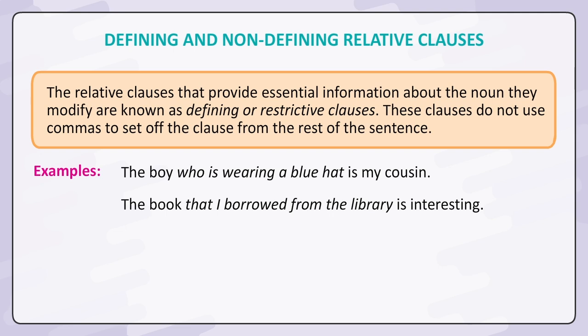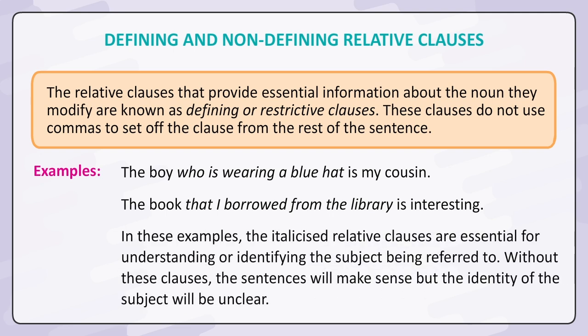The book that I borrowed from the library is interesting. In these examples, the relative clauses are essential for understanding or identifying the subject being referred to. Without these clauses, the sentences will make sense, but the identity of the subject will be unclear.